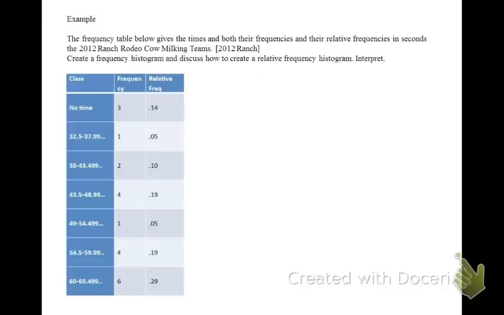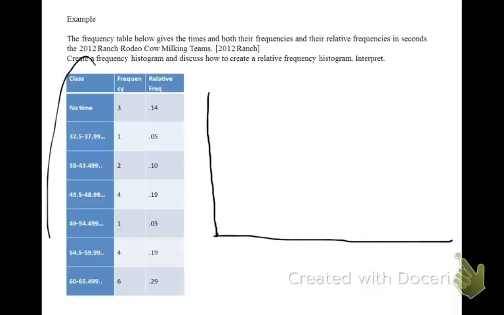For example, the frequency table below gives the time and their frequency and relative frequency in seconds for the 2012 ranch rodeo cow milking teams. We want to create a frequency histogram and discuss how to create a relative frequency histogram. The first thing I'll start by doing is creating a set of axes. If you look in the class, we'll use these to create the horizontal scale.